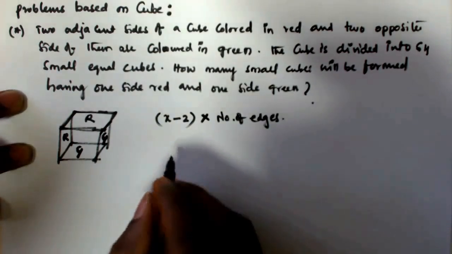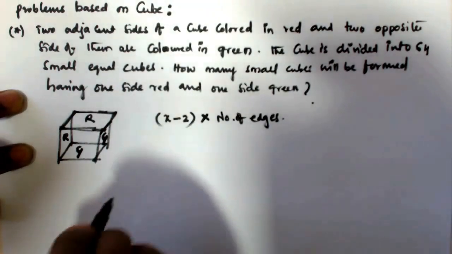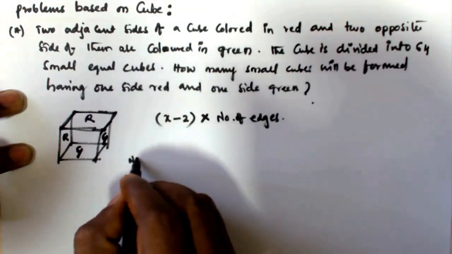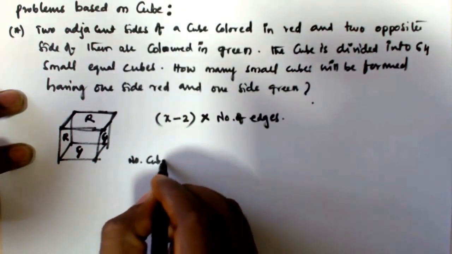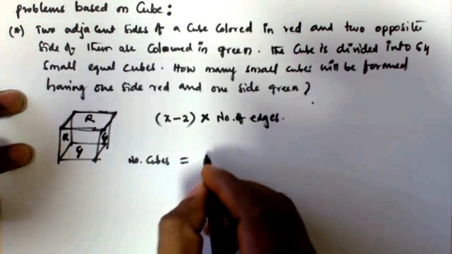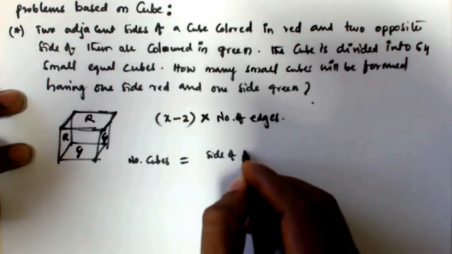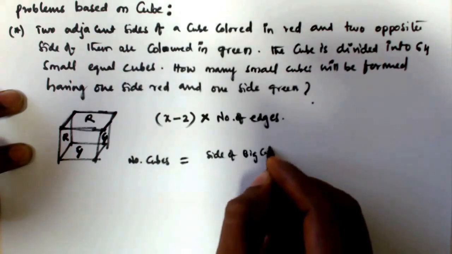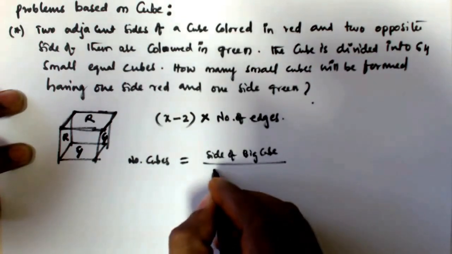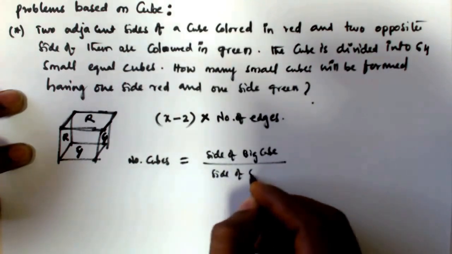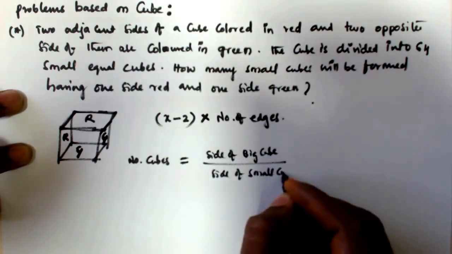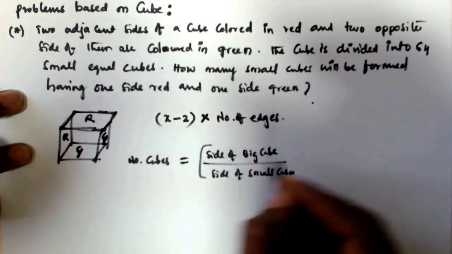In the first video I told that the number of cubes formed is equal to the side of the big cube by the side of the small cube, to the power of 3.